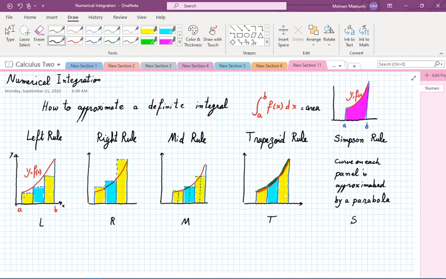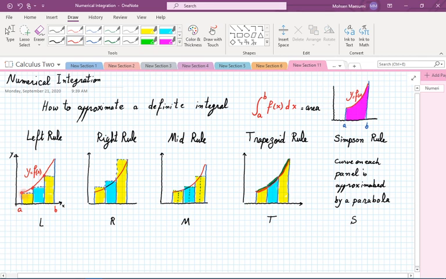In the left rule method, after you have sliced up your region, go ahead and pick the left point, the upper left corner of these panels. So here's a point, here's another point, here's a third point.